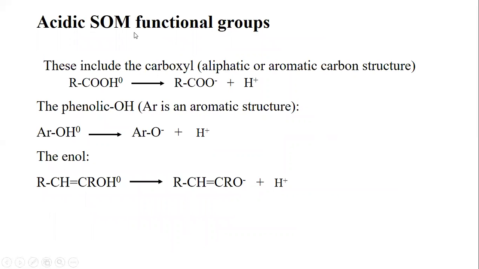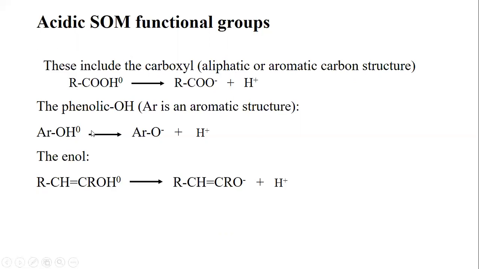The acidic soil organic matter functional groups include the carboxyl, aliphatic or aromatic carbon structure. You've seen this before, I'm sure. RCOOH, when neutral, has no charge. If it dissociates, loses its proton, its hydrogen, then it has negative charge. Then the phenolic OH.